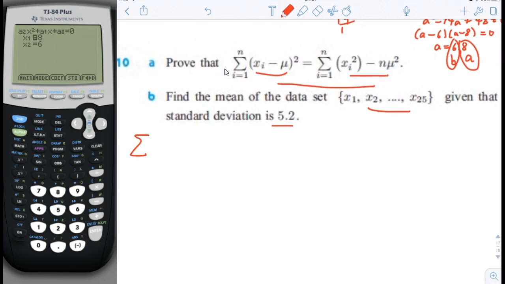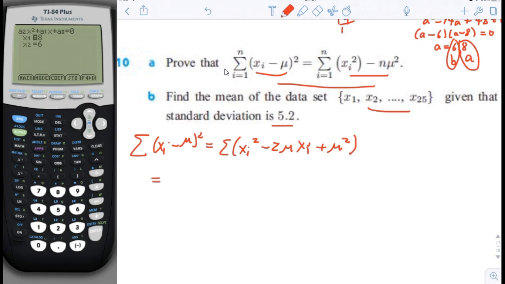So first we're going to start with the left side. And we see a binomial squared, which makes me want to FOIL, right? So let's FOIL that. So sigma of xi squared minus 2 mu xi plus mu squared. Okay?